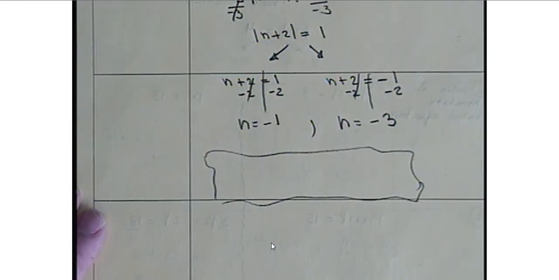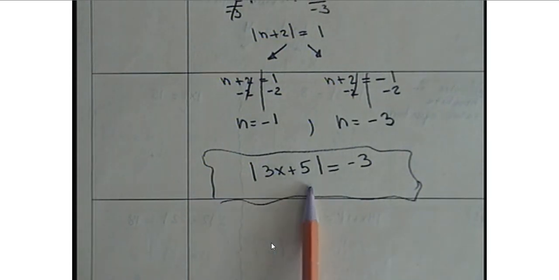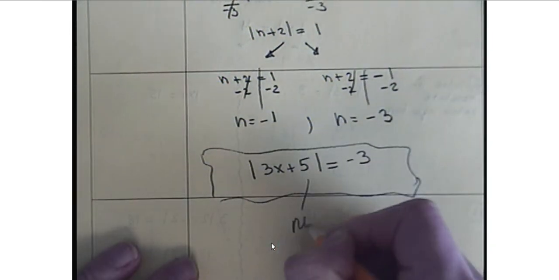Before we continue with the worksheet practice examples, I just want to add something quickly. If you are given an absolute value equation, for example, absolute value of 3x plus 5 equals negative 3, I want you to be very careful with this, because if this is the problem given, the answer here will be no solution. Why is that?